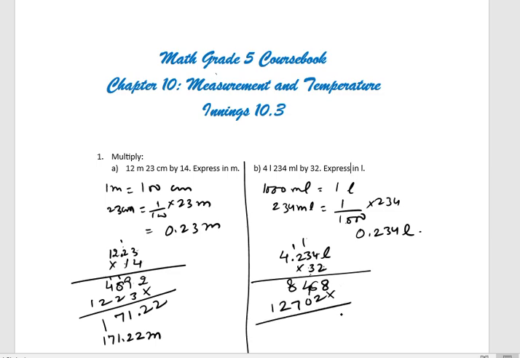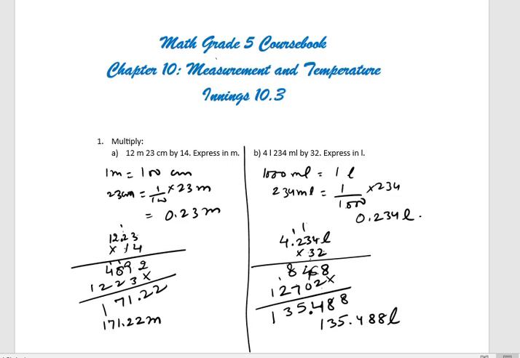Add them: 8, 6 plus 2 is 8, 4 plus 0 is 4, 7 plus 8 is 15, carry 1, 2 plus 1 is 3 and 1. So the answer will be, there are 3 digits after the decimal point, so the decimal point will come here. 135.488 liters is the answer.